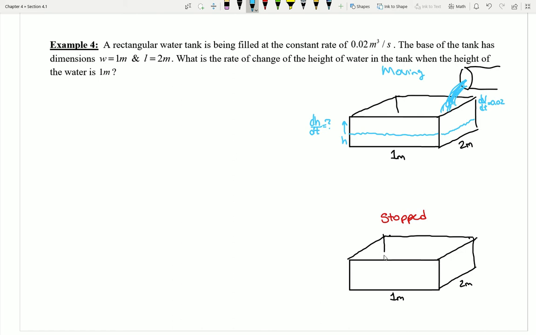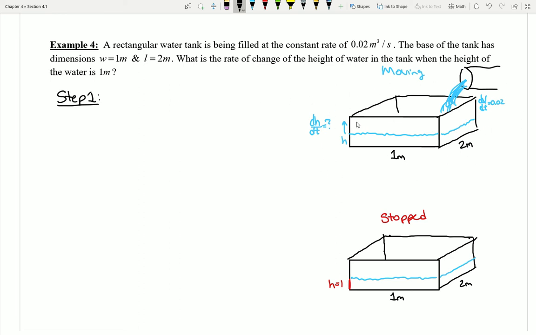Now in the stopped picture, I'm told that I'm going to stop at exactly the moment when the height of the water is at 1, right? When the height of the water is locked in right here at h equals 1. Okay, so let's start to think about step number 1 on this question, which would be a formula that I could use that would relate all of the different variables that I have here.